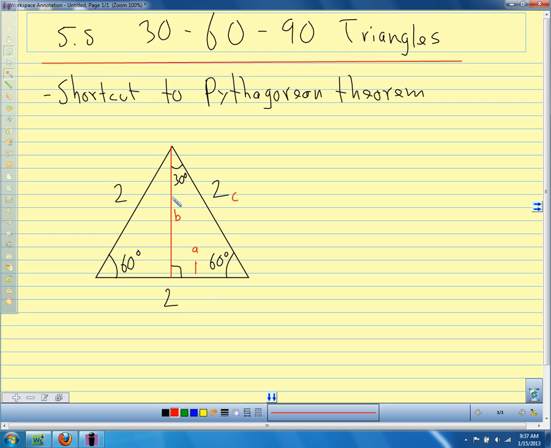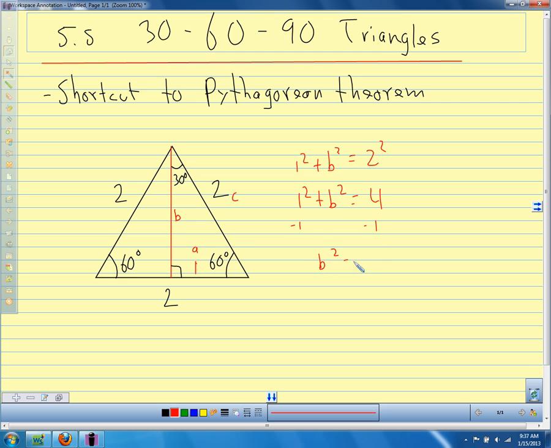So what we're interested in, just like yesterday, is finding this side length. How long is side B? So we know that 1 squared plus B squared equals 2 squared, using the Pythagorean theorem. So 1 squared plus B squared equals 4. Subtract 1 from both sides. 1 squared is just 1.